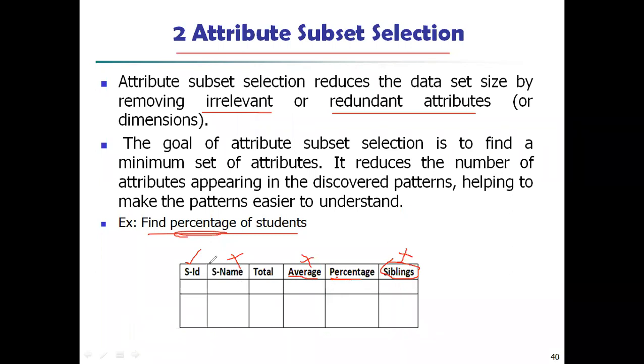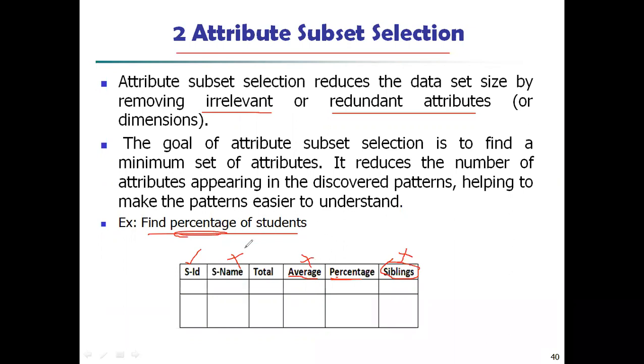No need even of the student name. Sometimes if you don't want that one also, you can remove the S name. In such a fashion, you select your attributes from the multiple attributes.